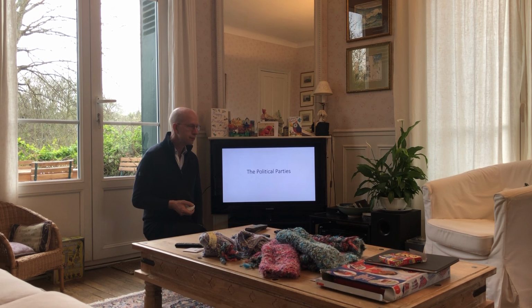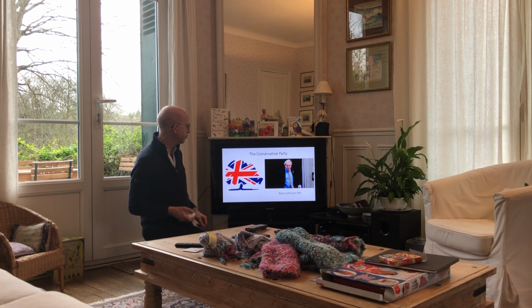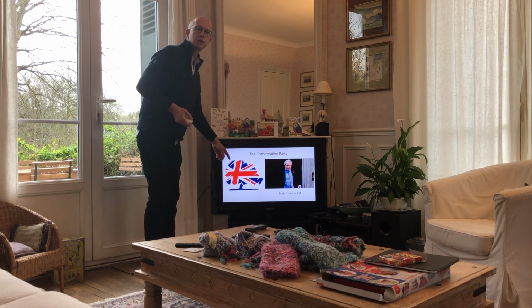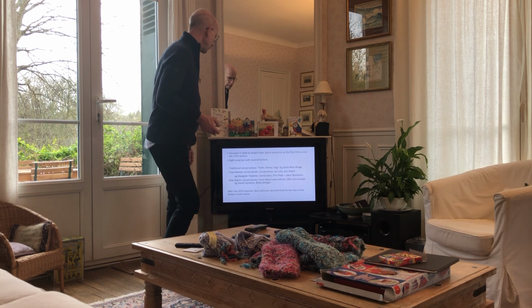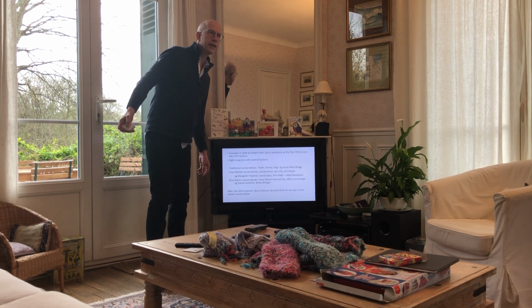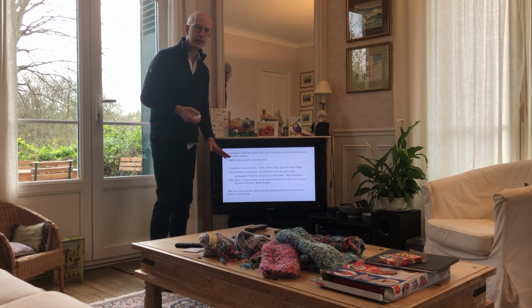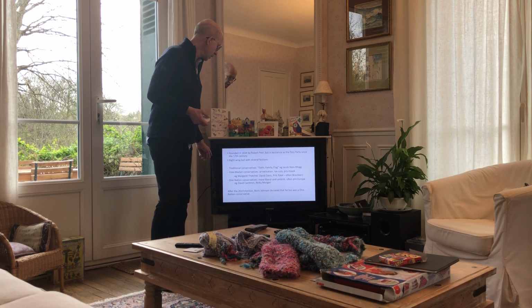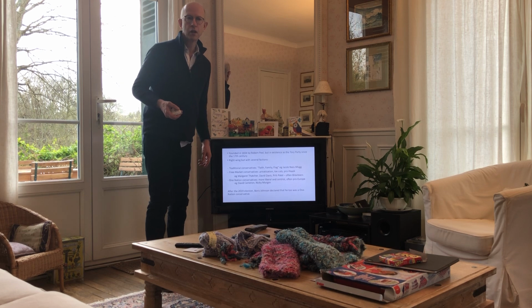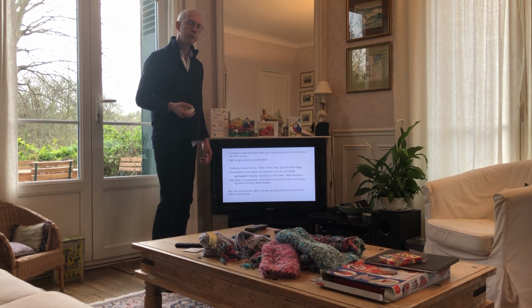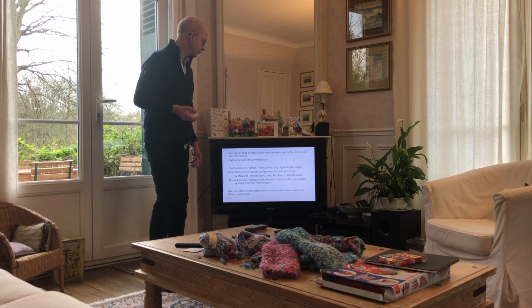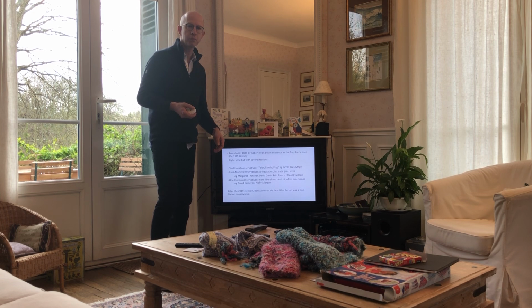The political parties. Firstly, the Conservative Party, so Boris Johnson, who is the Prime Minister. The Conservative Party is basically made up of three different factions. Traditional Conservatives, people like Jacob Rees-Mogg, so faith, family, flag, strong Christians, big family people, and very patriotic, very traditional.